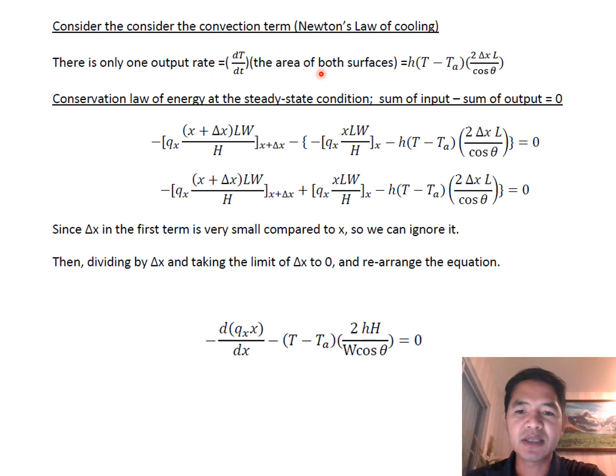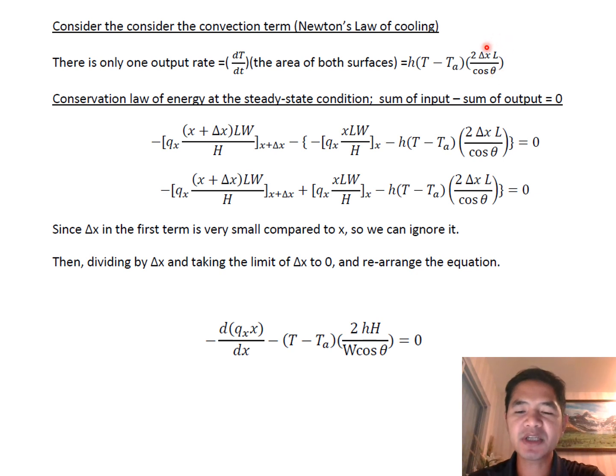That means the output rate is dT over dt, the temperature gradient, times the area of both surfaces. It's equal to Newton's law of cooling, h times (T minus T_a), and here the surface area of the fin is x times delta x times L over cos theta.